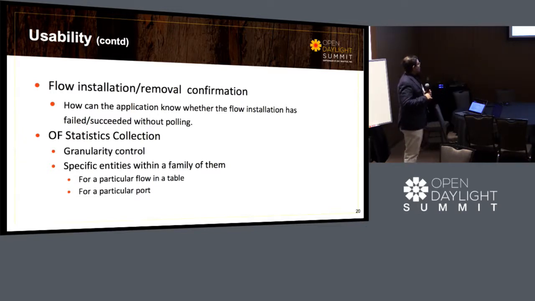That's the thing. So for the statistics collection part, the granularity control is one thing which I was mentioning. Currently it's an all or none case. But if I require it for a particular port or a particular flow, we don't have anything as of now. So that is one part which we try to enhance within Carbon. One of the things that we have seen is that with statistics on, the numbers are pretty good.